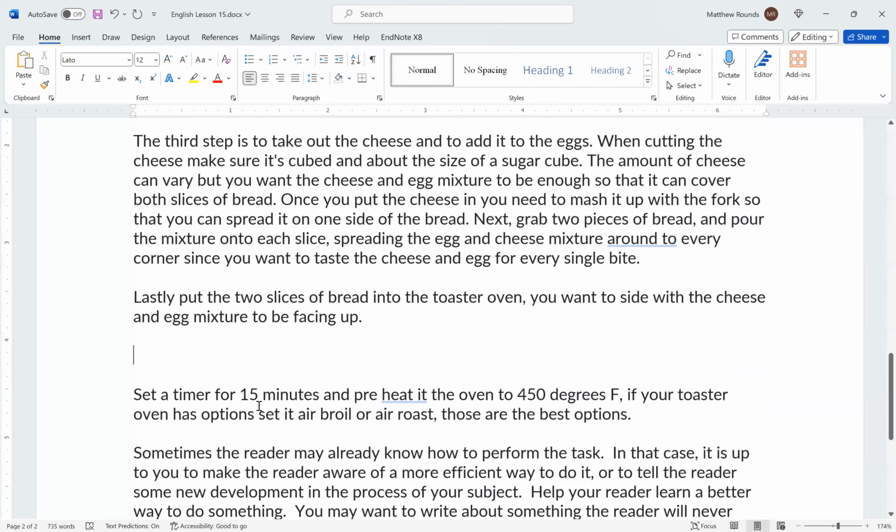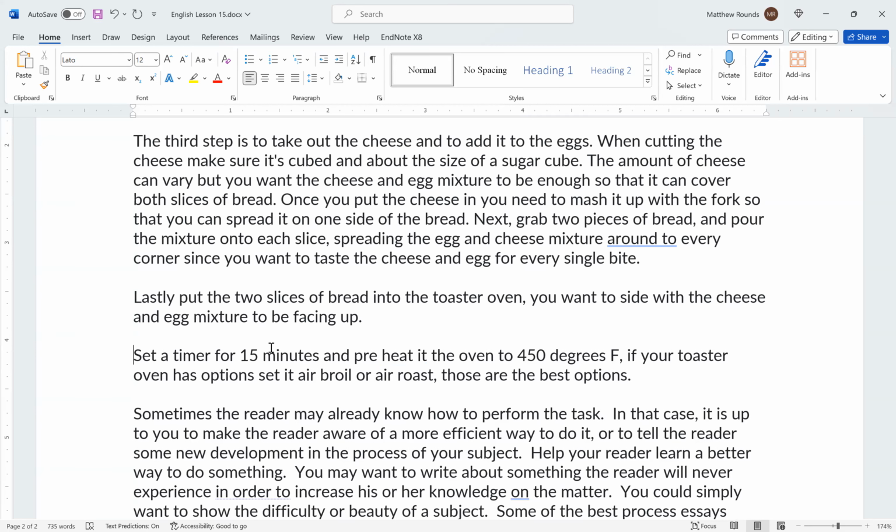So here's what you're trying to say here. I'm going to make this really short and you're just going to rewrite this sentence here. You're basically saying to turn the toaster oven on to 450 and I think I can work with what you got here. Okay.